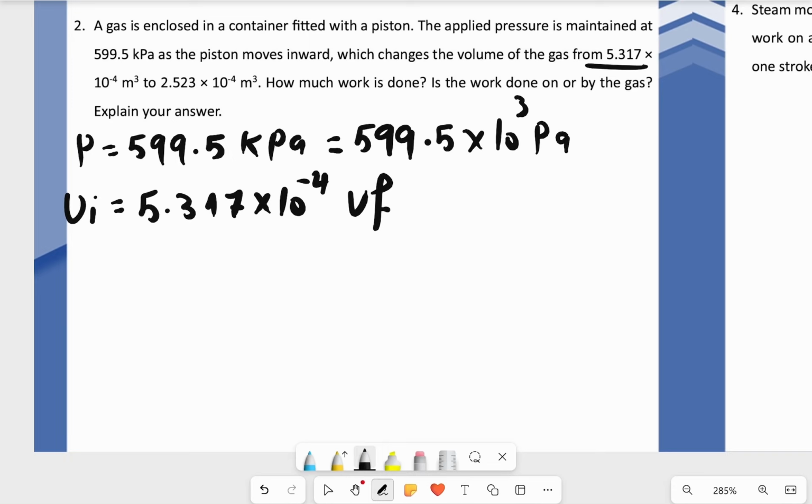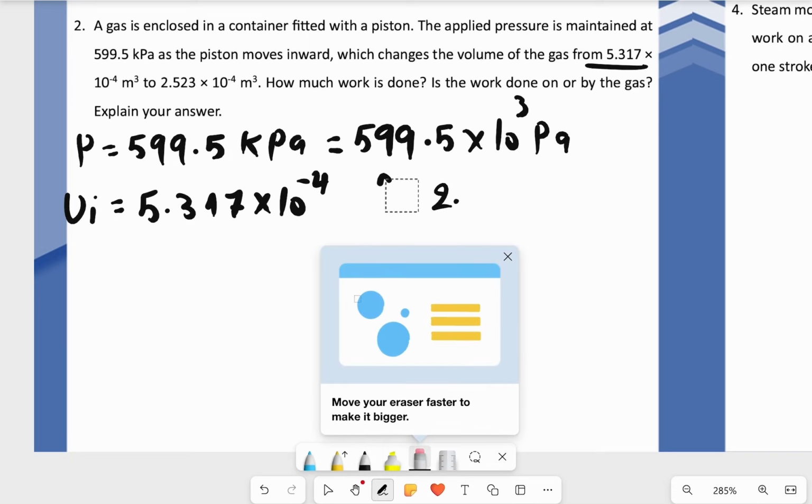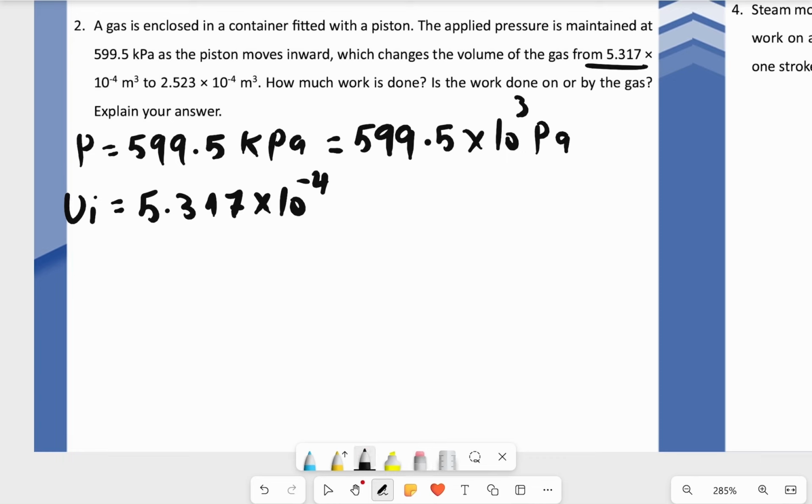The volume changes from this one to this one. Let me write the unit, so meter cubed. V final is going to be 2.523 times 10 to the power of minus 4 meter cubed.